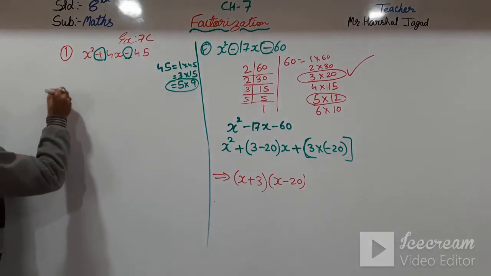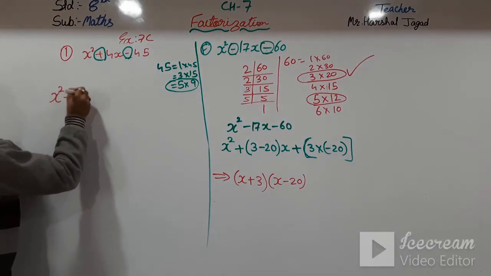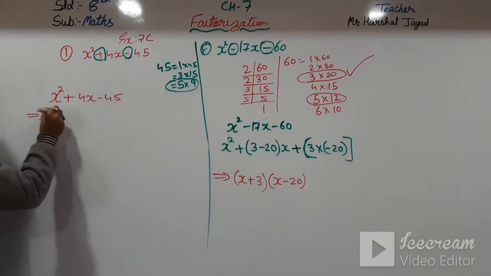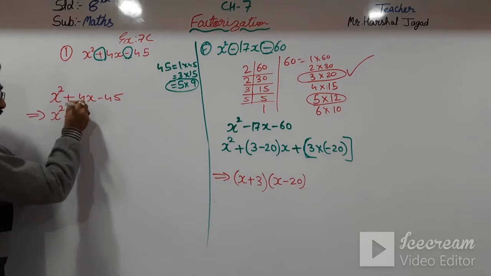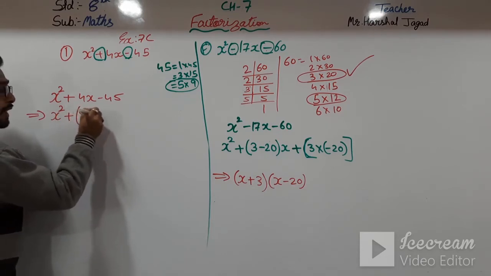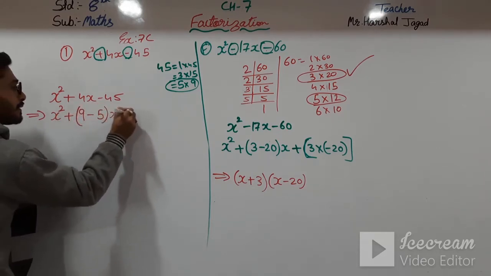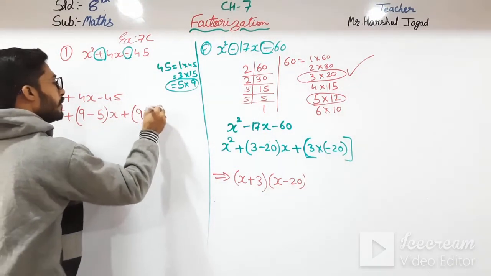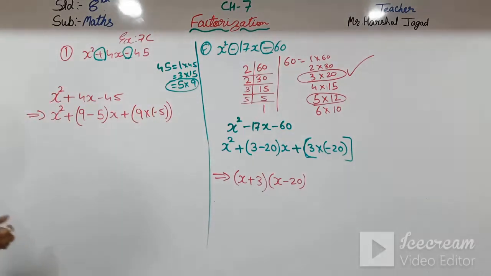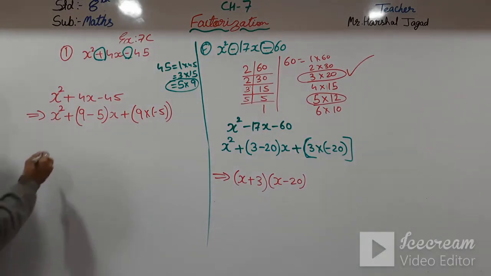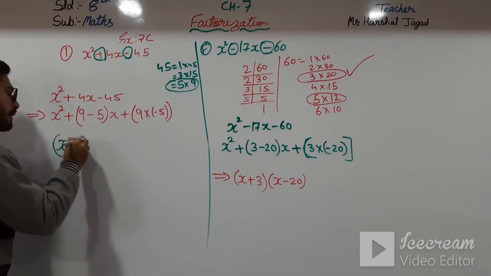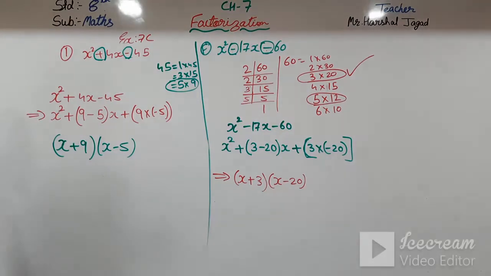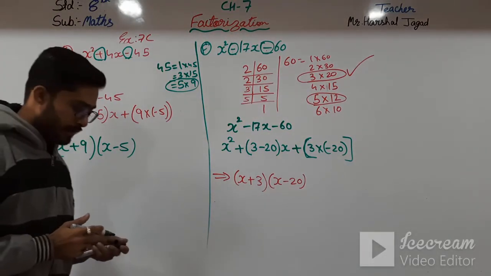So taking x square plus 4x minus 45, then x square plus 9x minus 5x, and 9 into minus 5, so you will get your answer, that is x plus 9 and x minus 5. Okay students, so this will be your answer.